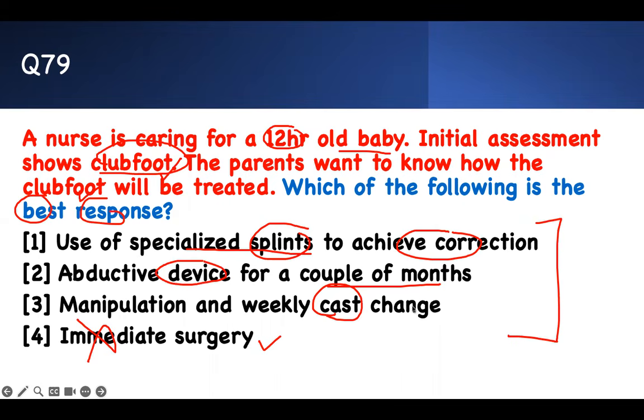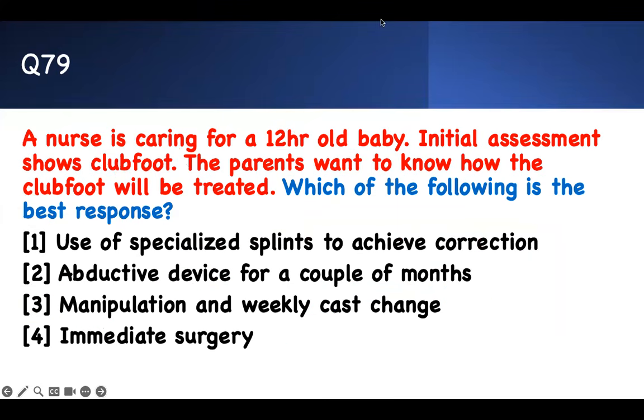We start with manipulation first, manipulating and weekly cast change. Then later on, we use an abductor device and then a specialized splint. So the best one is: we're going to manipulate and do weekly cast changes to keep the foot in line. That's the right one.